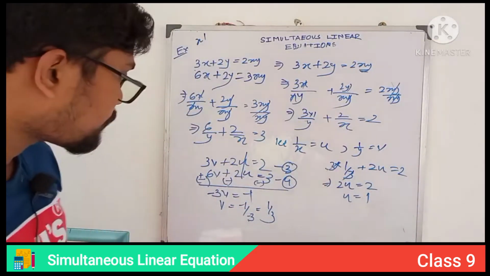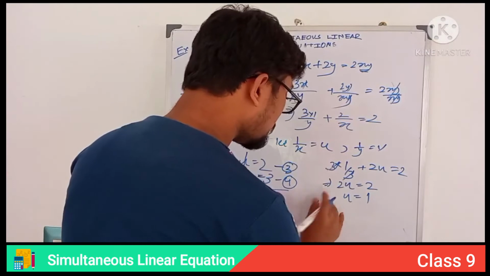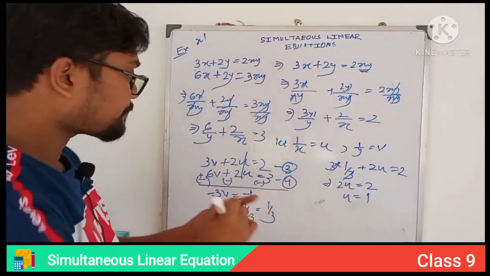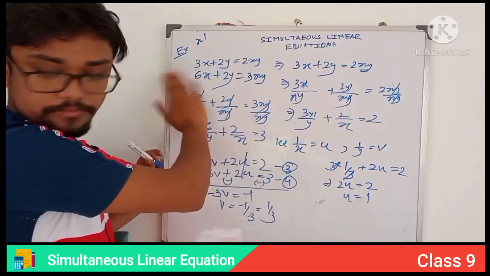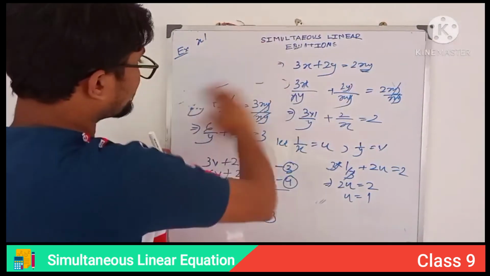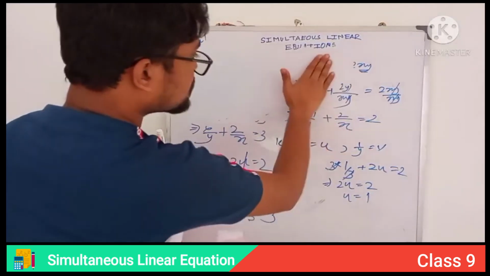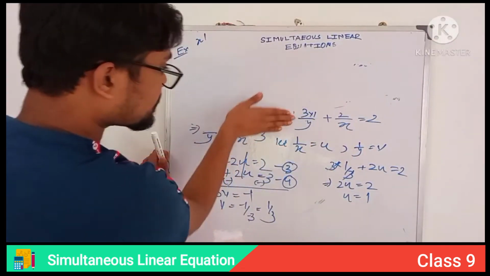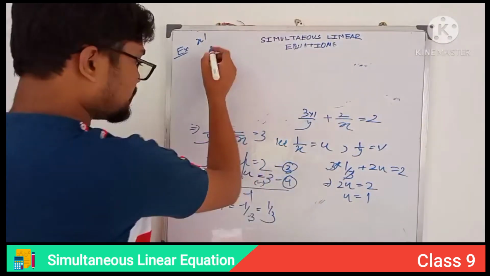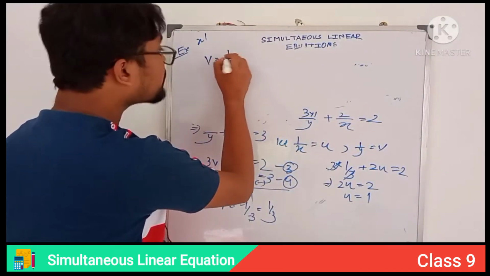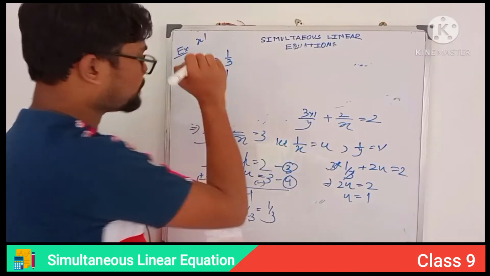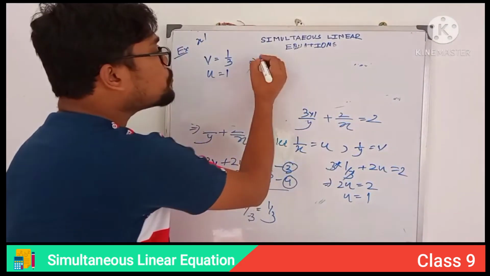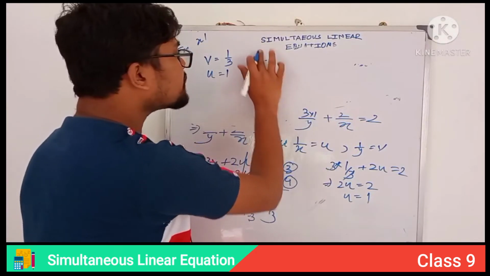So now we get the values of u and v. v is 1 by 3 and u equal to 1. Now what are the values of x and y? We put y equal to 1 by v.